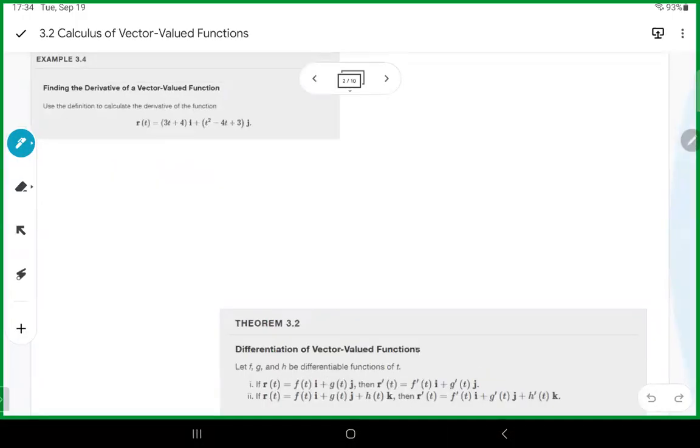Okay. So finding the derivative of a vector valued function, we're going to use the definition to calculate the derivative of the following function.